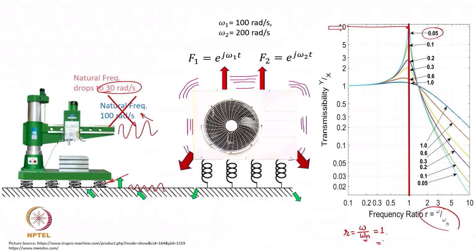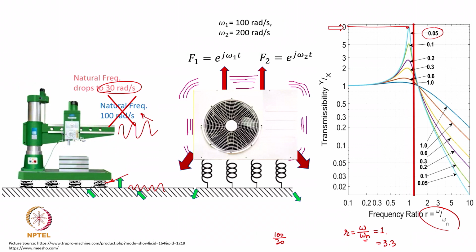So, now what will this become? Because this omega n, instead of 100 radians per second, is reduced to 30 radians per second. So, the revised omega n is 30 instead of 100, right. So, the frequency ratio now is 3.3.